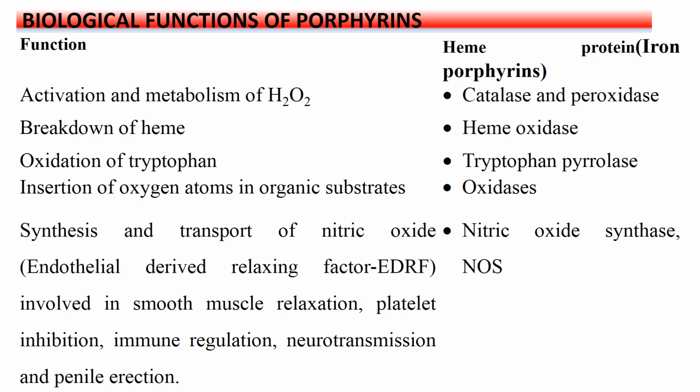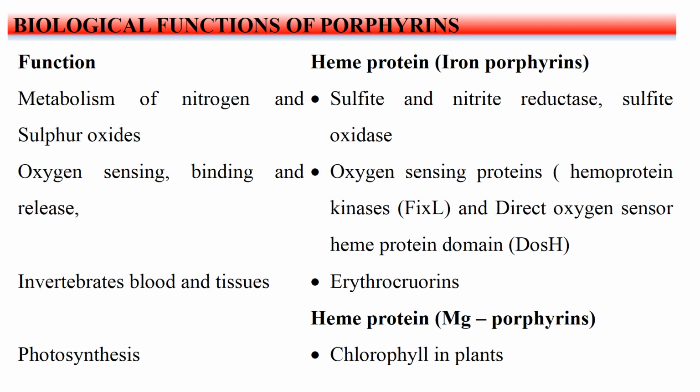This is in reference to nitric oxide synthase or NOS. In addition, the porphyrins are involved in the metabolism of nitrogen and sulfur oxides, which is in reference to sulfite and nitrate reductase or sulfite oxidase.